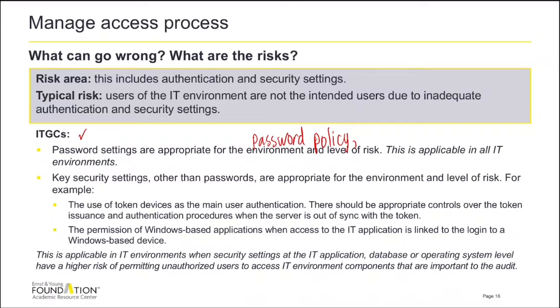Okay. So key security settings other than passwords are appropriate for the environment and level of risks. For example, the use of token devices as main user authentication. So there should be appropriate controls over the issuance and authentication procedures when the server is out of sync with the token. So we have what we call tokens. We have hardware-based and software-based.